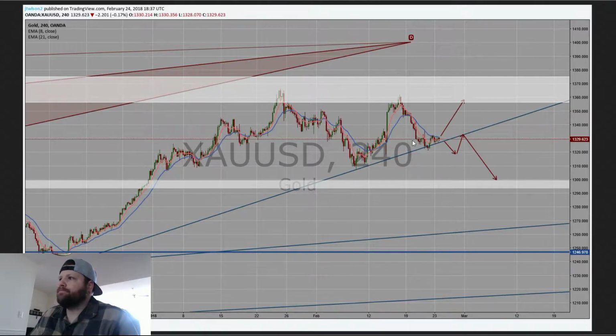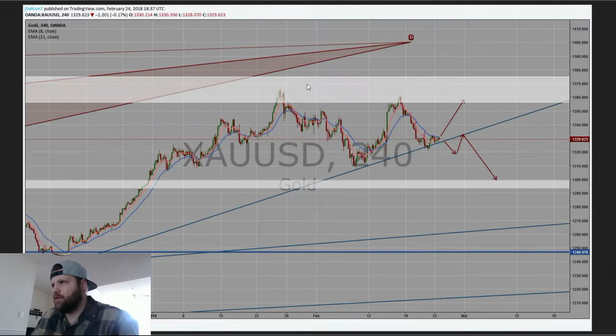So we're looking for a break and retest and then a continuation down to the zone, or the trend line drawn below the zone, and/or a bounce off of this trend line and then a breakthrough of this zone up here. So one of those 2 scenarios is what we're looking for. We're really just waiting to see what's going to happen.